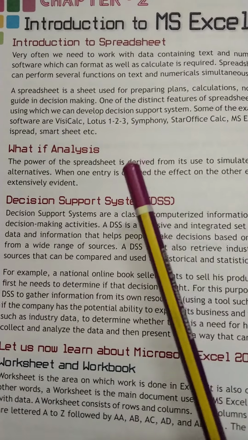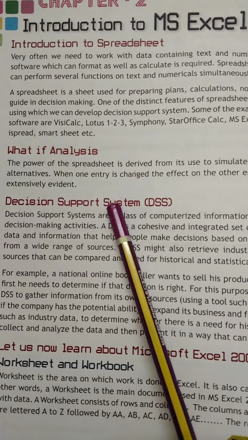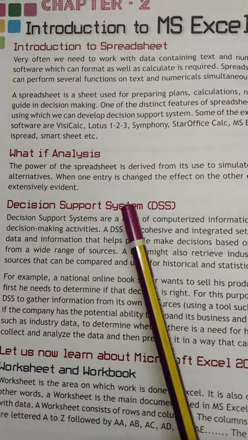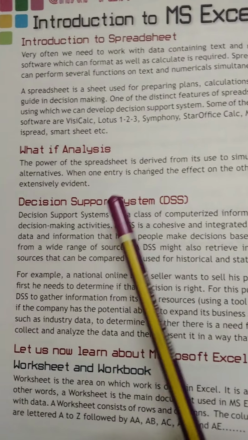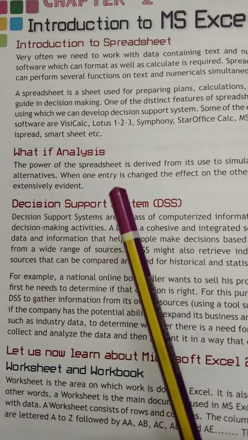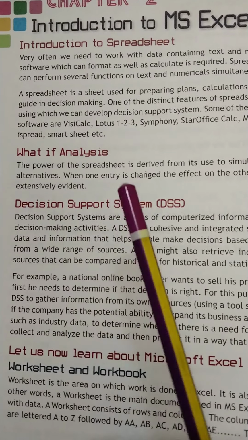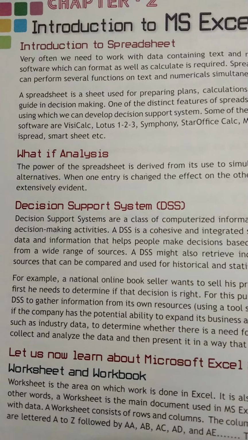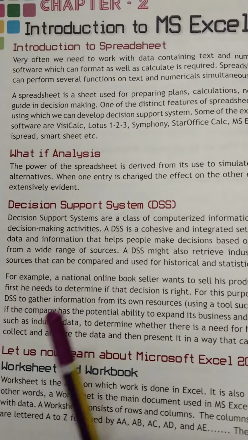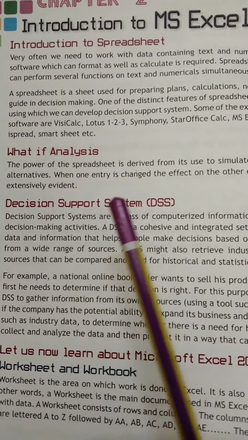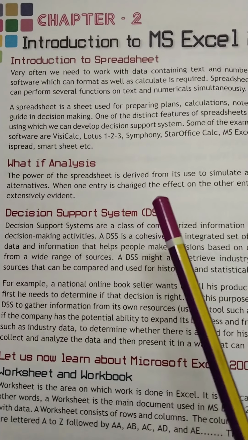DSS is a computerized information system that is mainly helpful for doing decision making activities. For example, if an online marketing seller wants to sell his products internationally, he needs some information about that product.